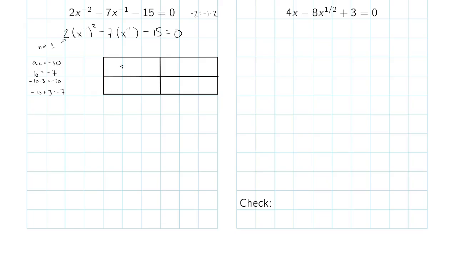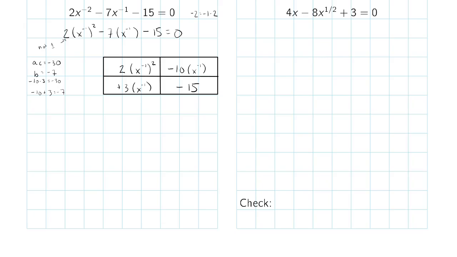So I'll have 2 times x to the -1 squared minus 10 times x to the -1 plus 3 times x to the -1 minus 15.